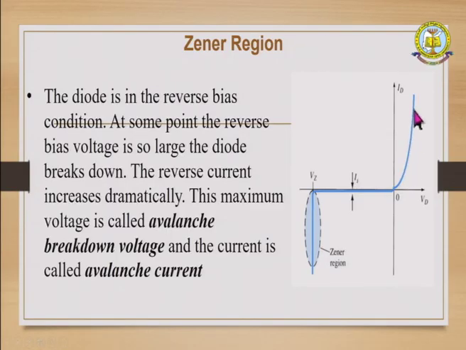This is the forward bias concept, increasing slowly, and this other part is reverse bias. So, this is a two-PN-junction device.